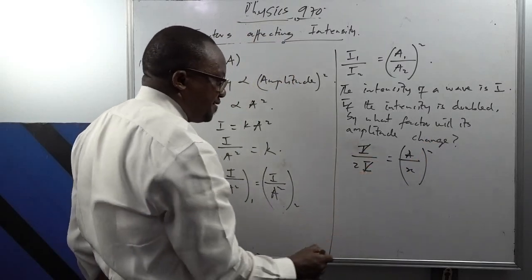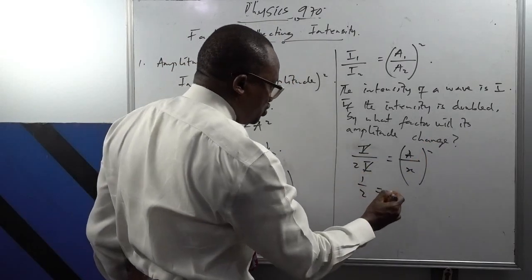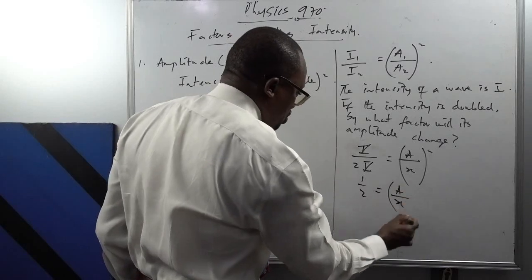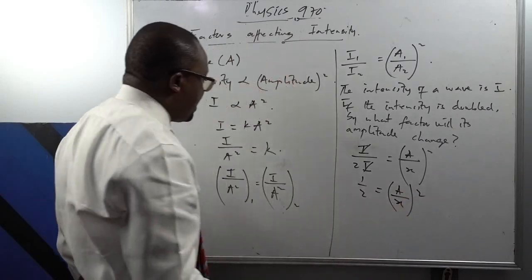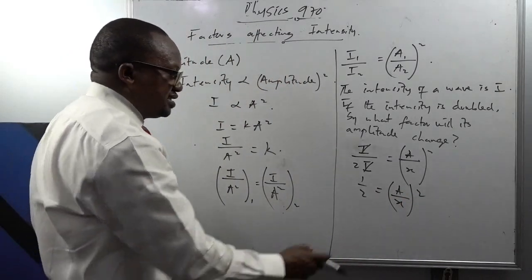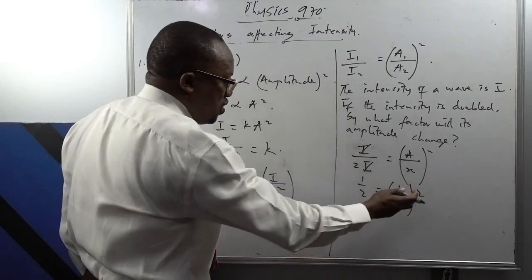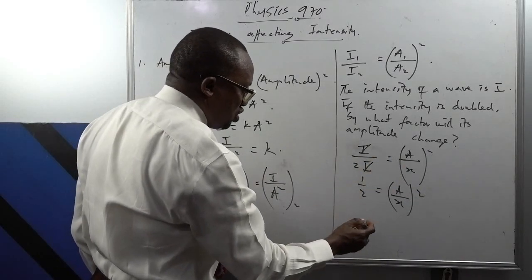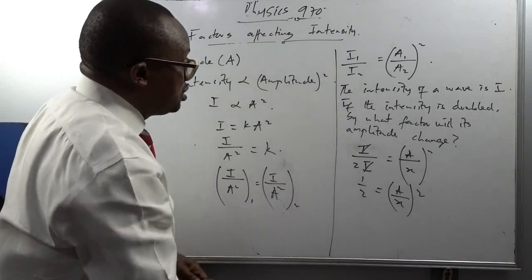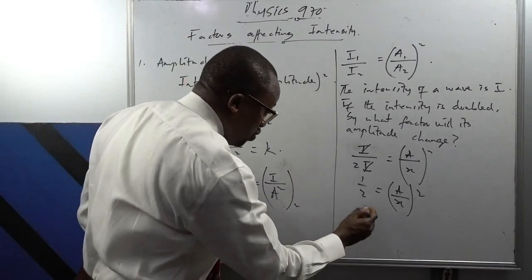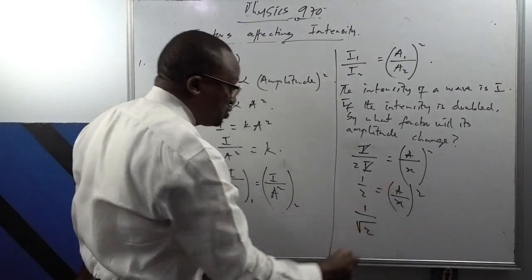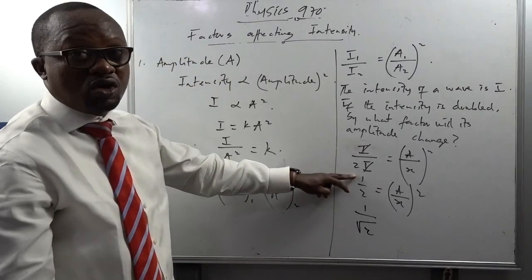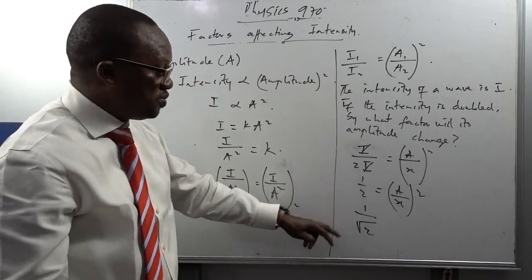I over 2I, so I have 1 over 2 is equal to what? A over X all squared. I'm solving for X. What do I do? I take the square across, the square becomes a square root. So that becomes 1 over square root of 2, because the square root of 1 is 1, the square root of 2 will be root 2.